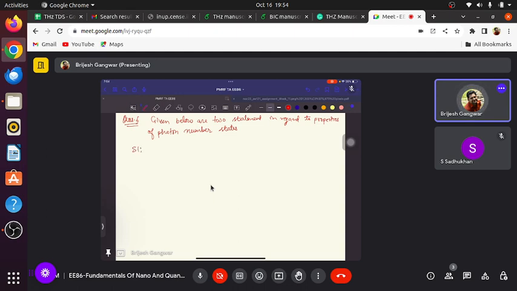So S1 statement is given like n a dagger n, it will be root n, n minus 1 equal to 0. Statement 2 is n and n minus 1 are orthonormal.